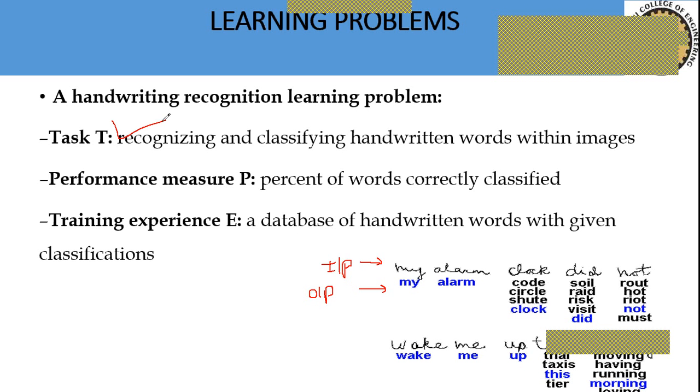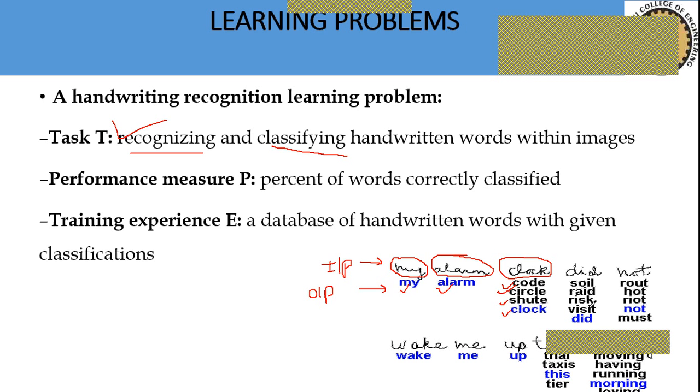So my task is to recognize and classify the handwritten words. Let us see the first word. The first word is correctly classified and recognized, that is "my". The second word is also correctly classified. The third word has some similarity between words. It may be code, it may be circle, it may be a shuit, or it may be clock.